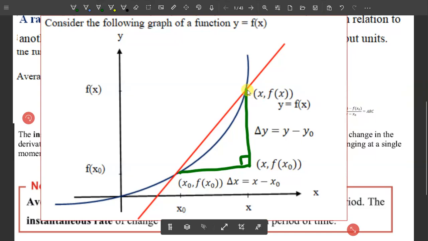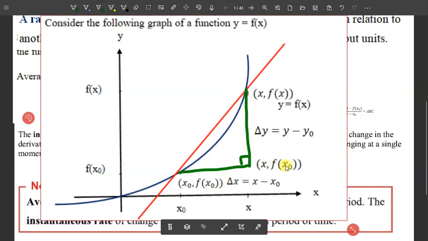The distance from (x0, f(x0)) to (x, f(x0)) is the change in x.